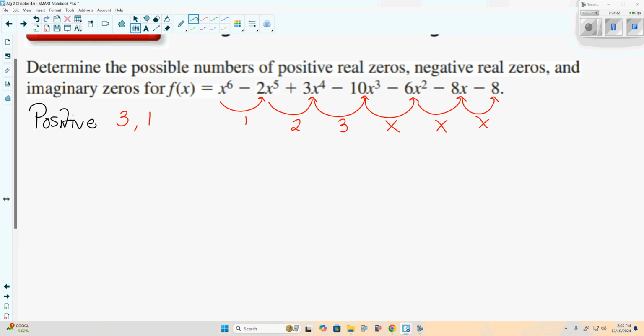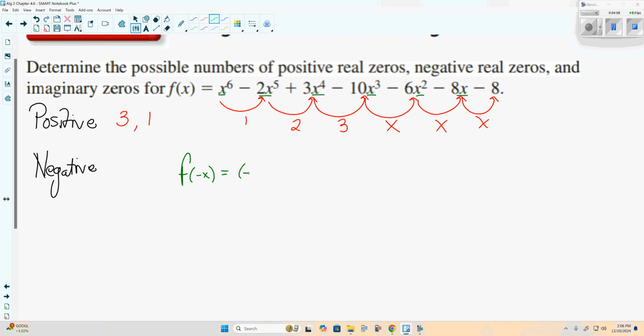Now we also need to do a similar thing for negative. For negative, we need to find all the sign changes for f of negative x. For f of negative x, we don't have f of x anymore. Every x in f of x, I have to replace with negative x.